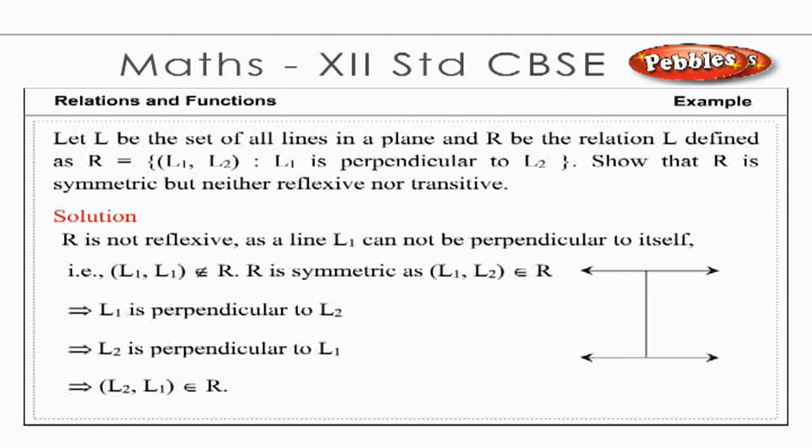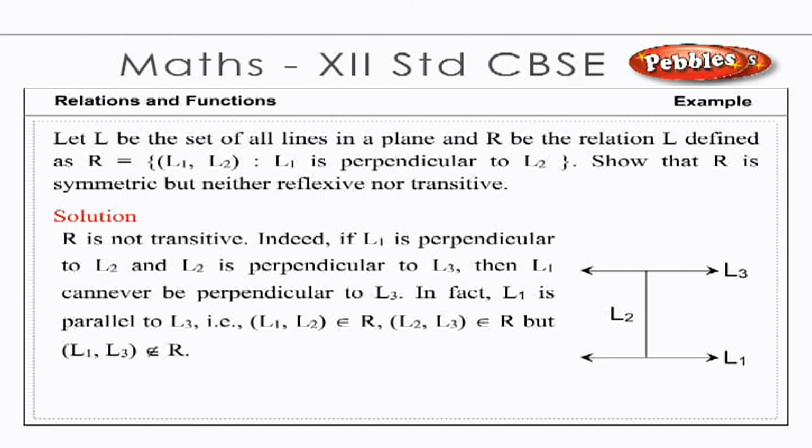Solution. R is not reflexive as a line L1 cannot be perpendicular to itself. That is, (L1, L1) does not belong to R. R is symmetric as (L1, L2) belongs to R implies L1 is perpendicular to L2, which implies L2 is perpendicular to L1. That implies (L2, L1) belongs to R. R is not transitive.